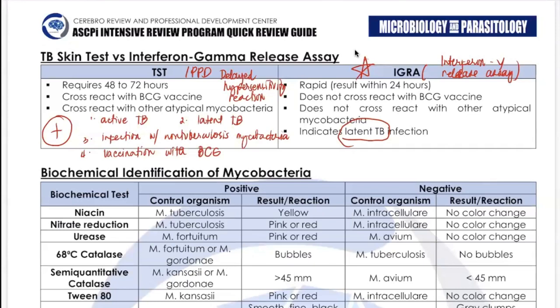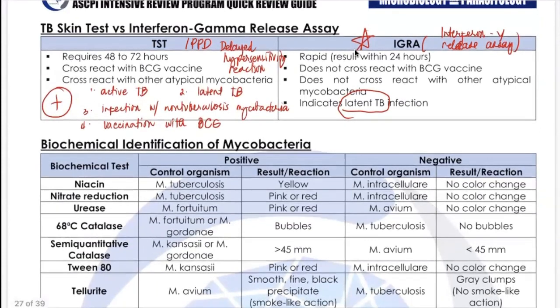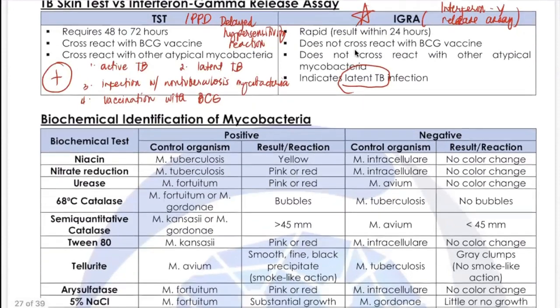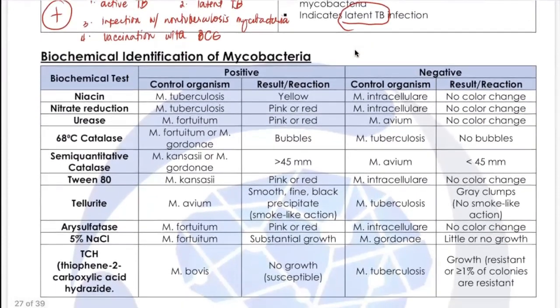Tapos yung nandun daw sa choices is the rapid results. Okay? So yan. Now, I already have mentioned about the cultural characteristics of Mycobacteria, no? The characteristics of its colonies on solid media and the cording when it comes to liquid media. I want you also here to take note of the key biochemicals when it comes to Mycobacterium tuberculosis. Tatlo lang naman yun guys, no?